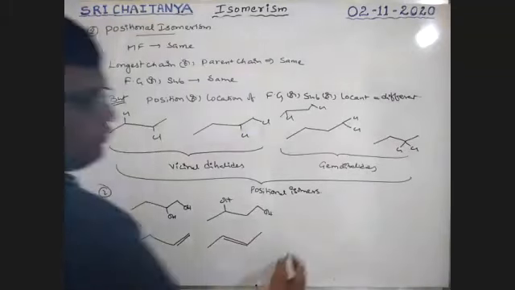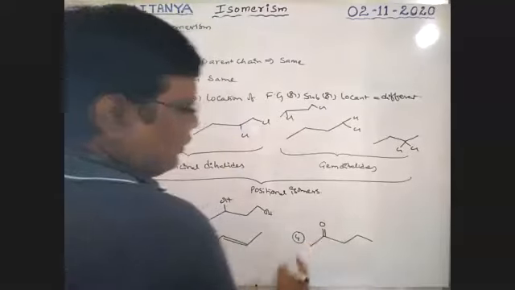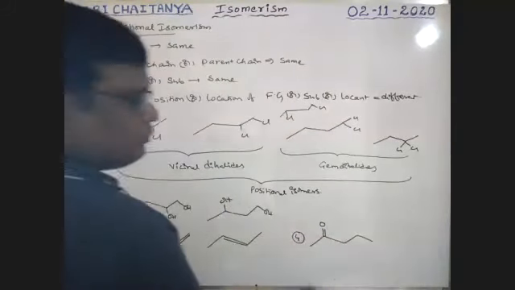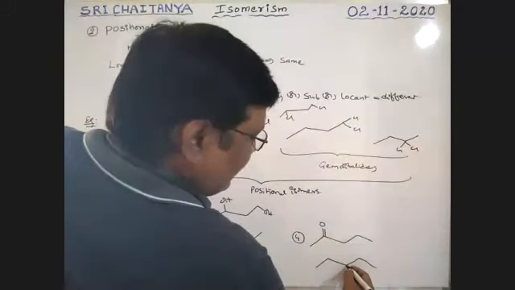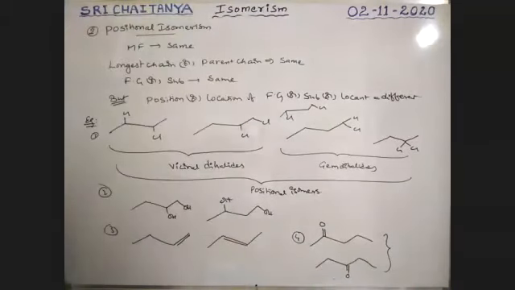Okay, next, fourth one. It is a keto group at the second position, and a keto group at the third position. These 2 are positional isomers. The position of the functional group is different.